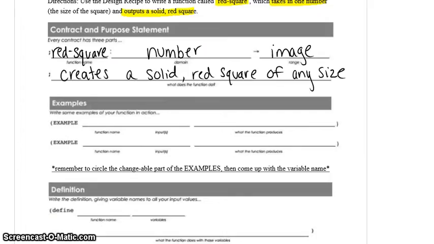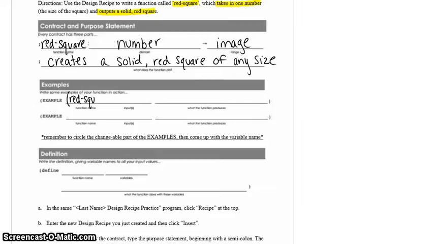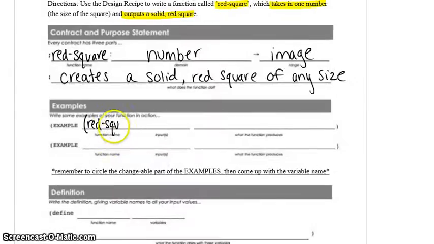So let's take a look at our 2 examples. I'll do the first example, and then I'm going to have you pause the video and do the second example on your own. So the function name is red square. So when I type in red square with a number, let's say size 30, I want the function to produce a square. Remember, that's a function that the computer already knows.